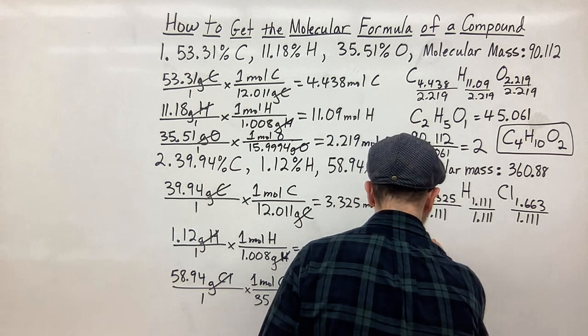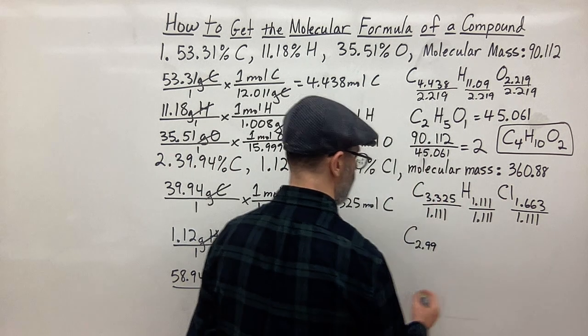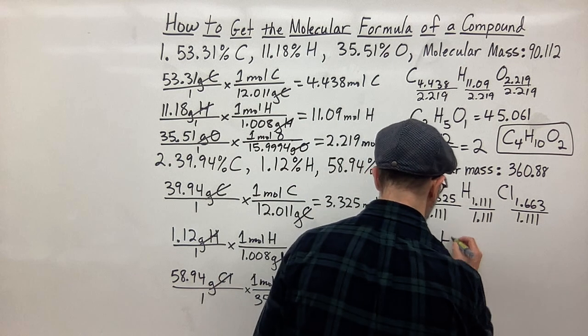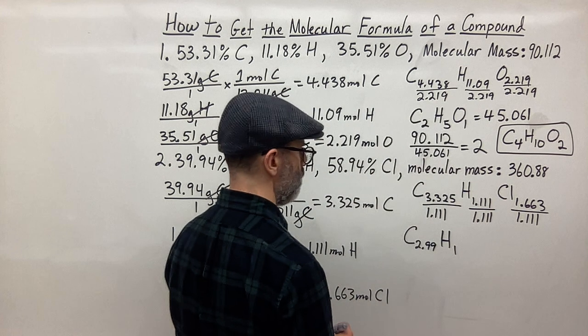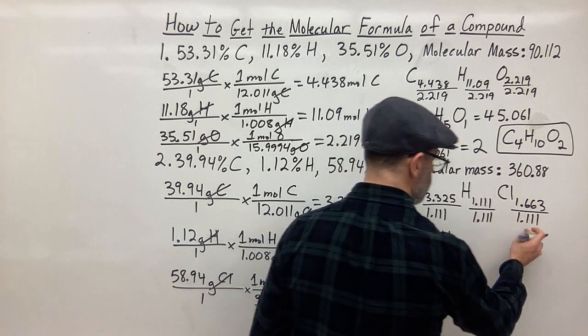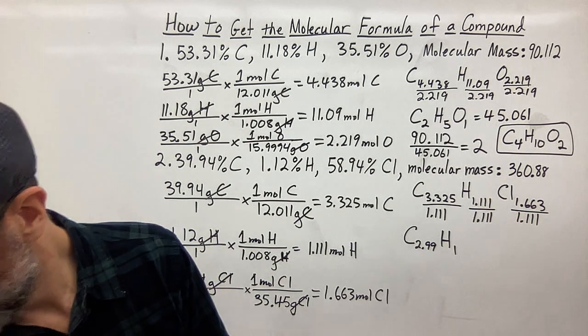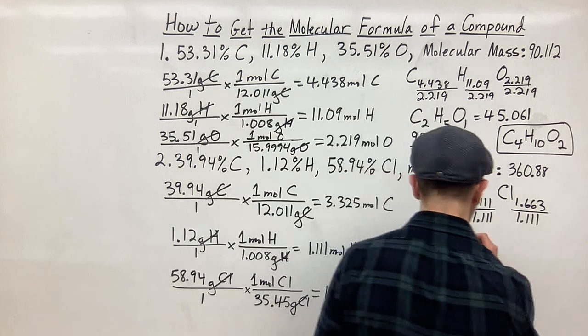So if I write that out, 3, we'll just leave that there. This will be 1. And then 1.663 divided by 1.111 gives me 1.496.